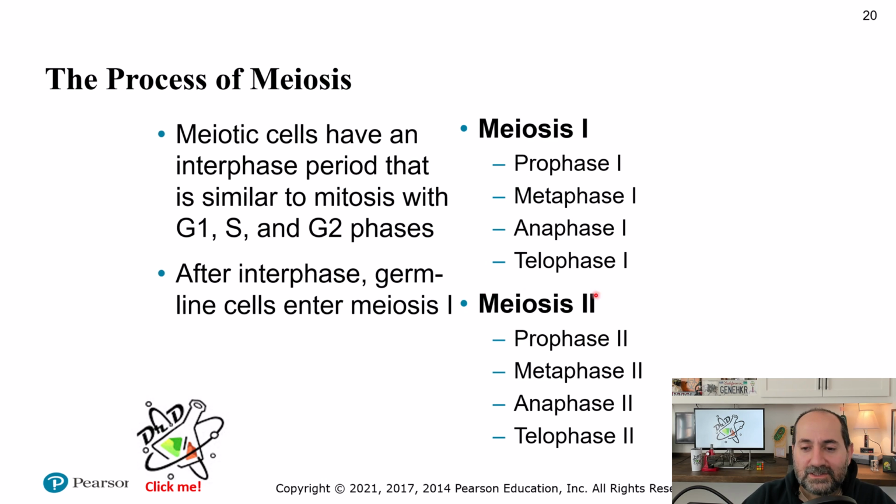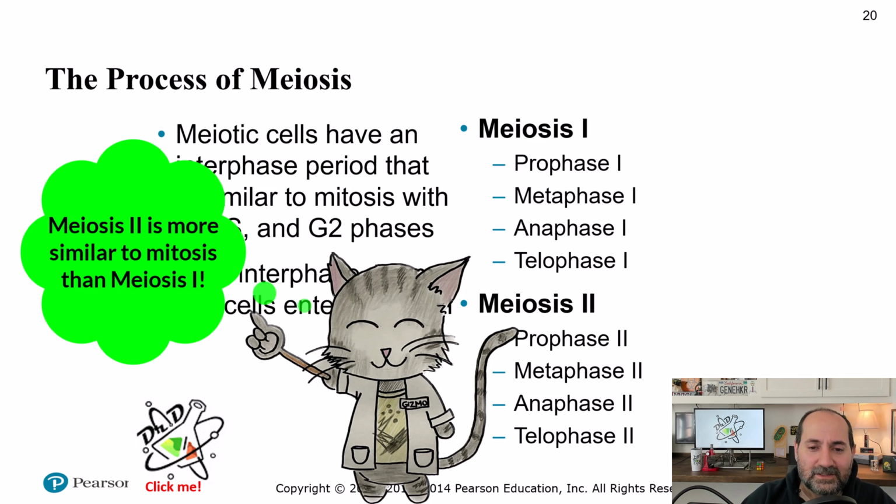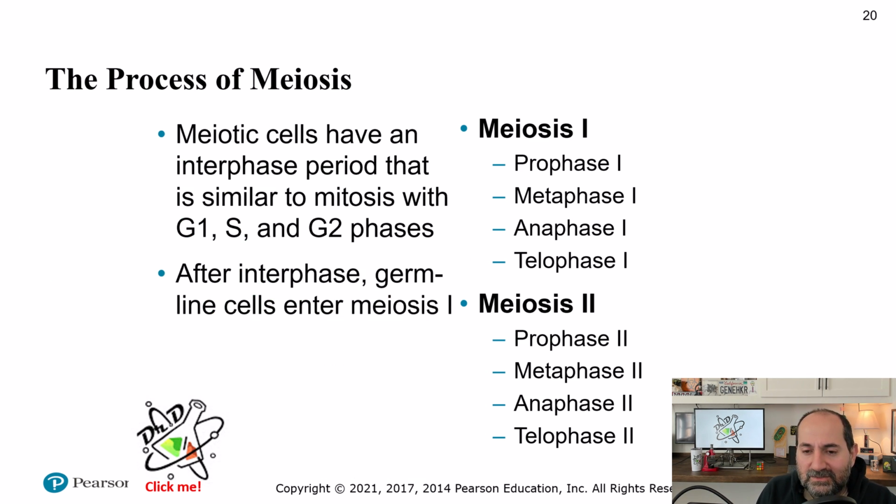So what I want you to understand is meiosis II is much more similar to mitosis than meiosis I is. And why? Well, because tetrads never formed during mitosis, crossing over never happened, independent assortment. Meiosis I is its own beast. It's its own thing.